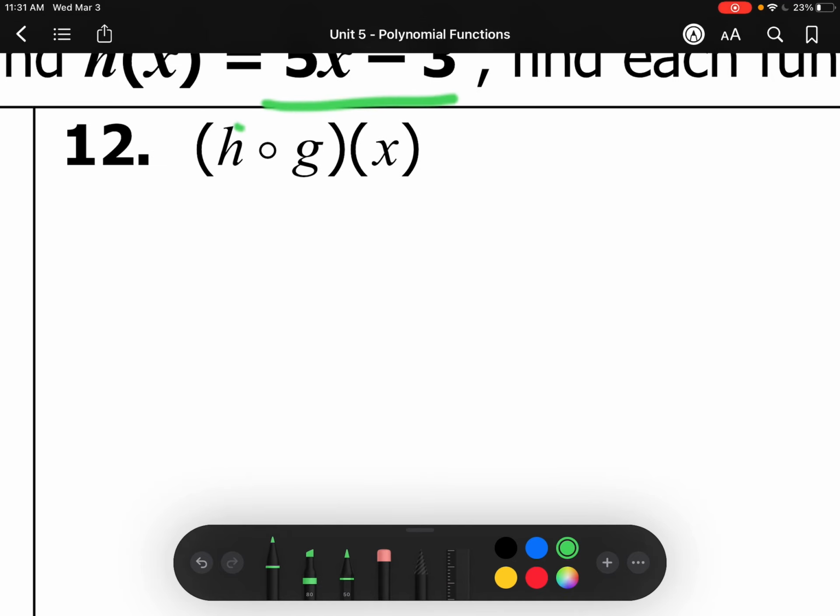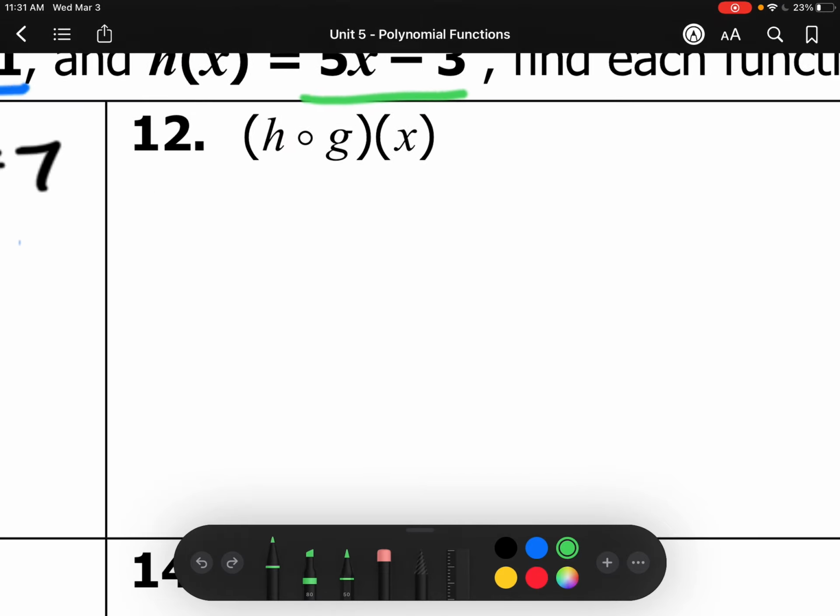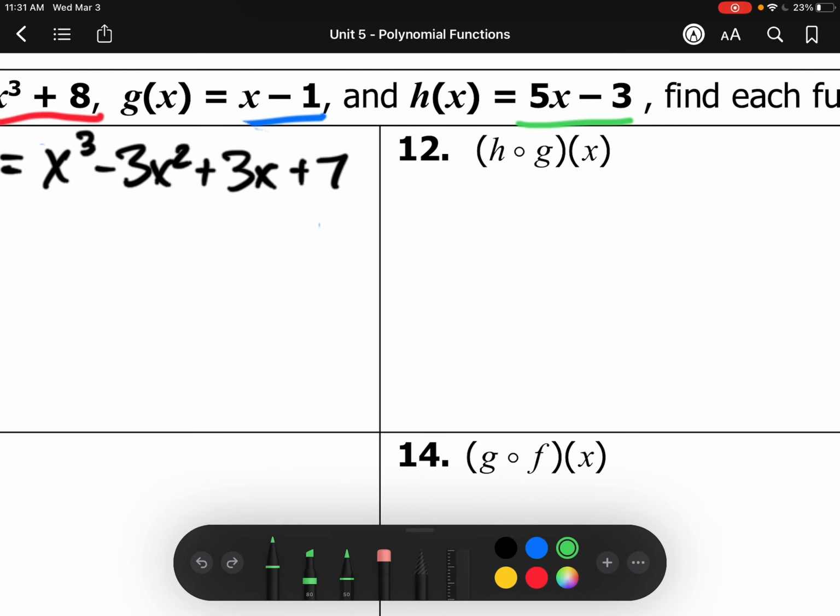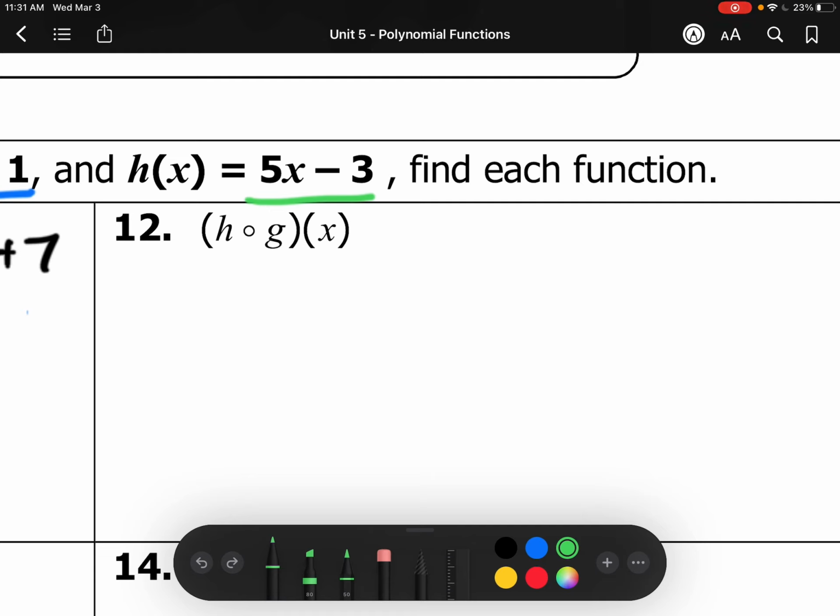So I have h of g of x, which means that my function is going to be rewritten this way. So function h is in green, right? So I have h of g of x, right? So g is my input and h is my function.